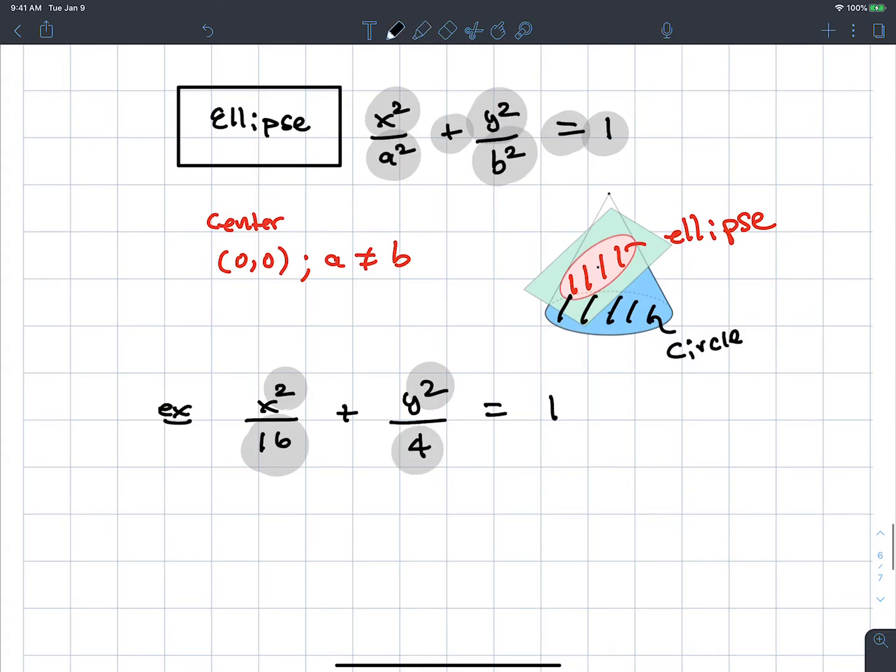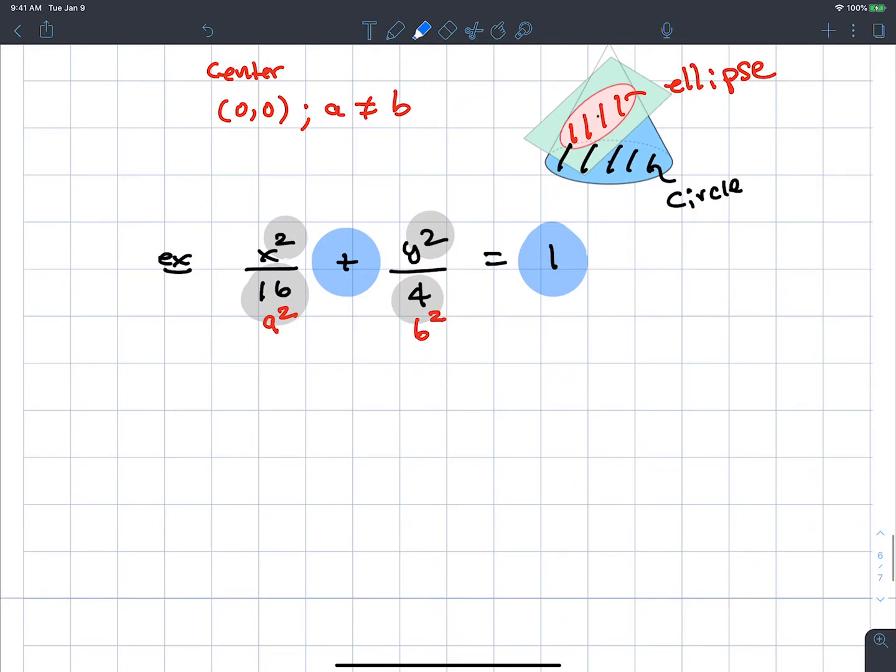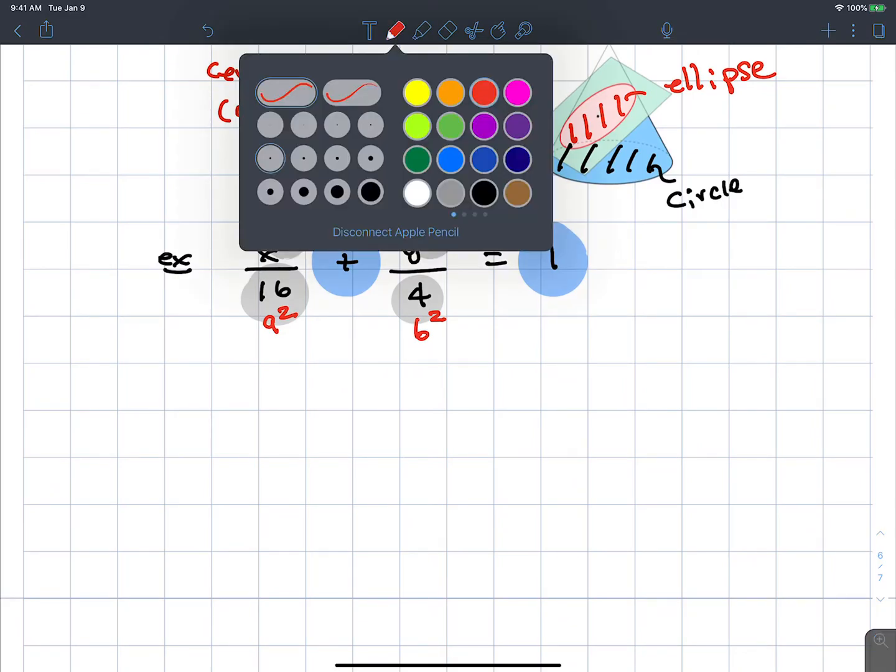In this case, the constant under x squared is called a squared, and the constant under y squared is called b squared. In other words, numbers here. And you must have addition, and it must equal 1. So these things must be there. And this is the equation of an ellipse. So your first step, like you've seen before, step 1.